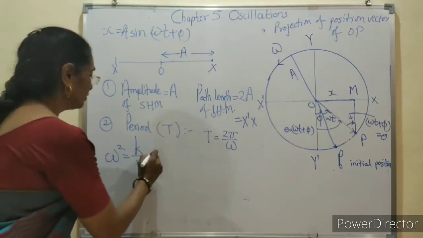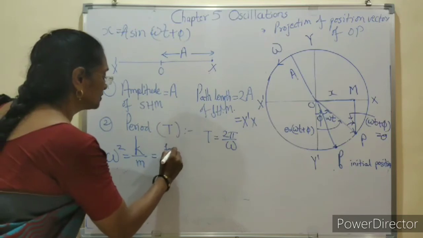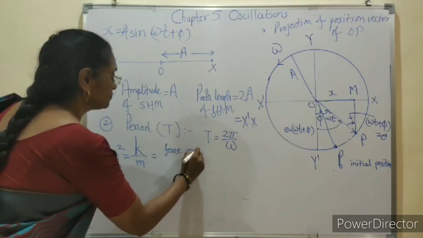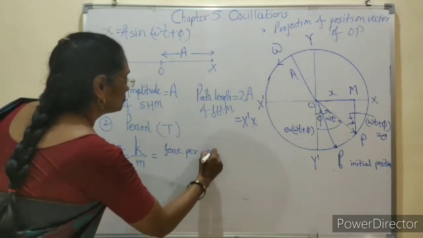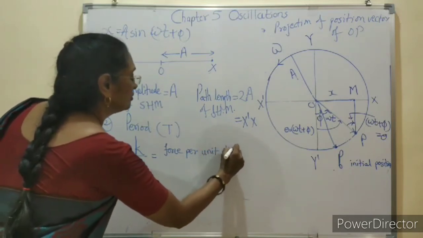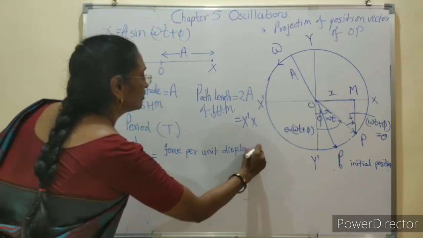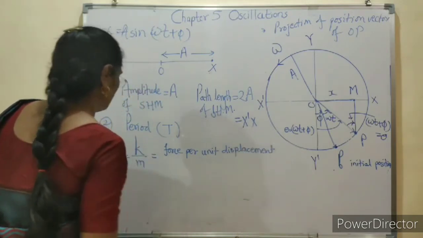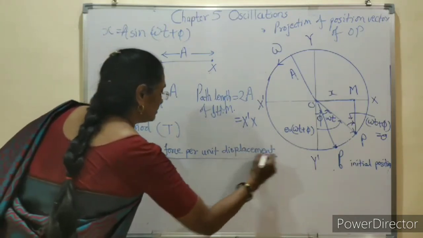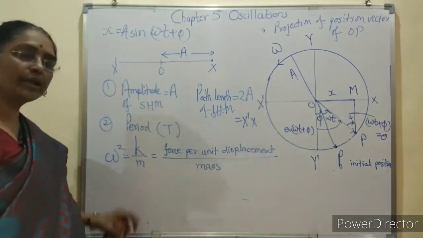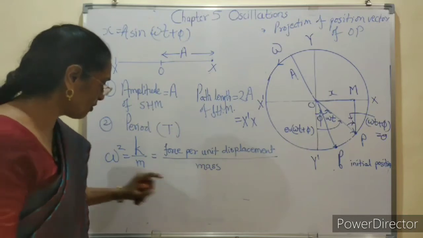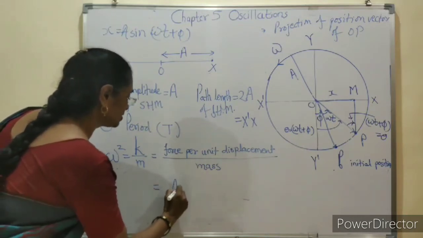K upon m, k is force, it is defined as force per unit displacement, and divided by mass, k upon m. So force upon mass represents acceleration.